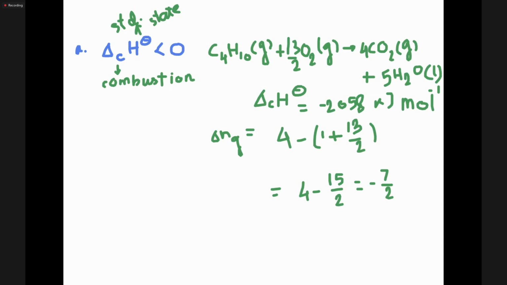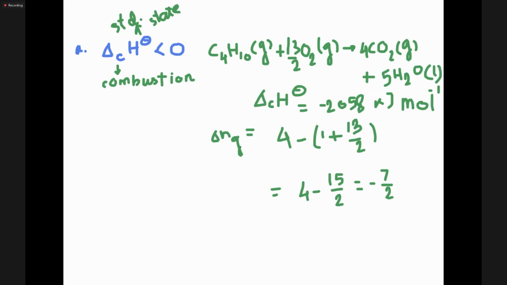Delta Ng value is calculated over here, that is minus 7 by 2, and we will have the R value, that is 8.314 joule per mole per Kelvin, and we will multiply this with the temperature. Whatever will be given, if it is 25 degrees Celsius, we will multiply by 298 Kelvin.